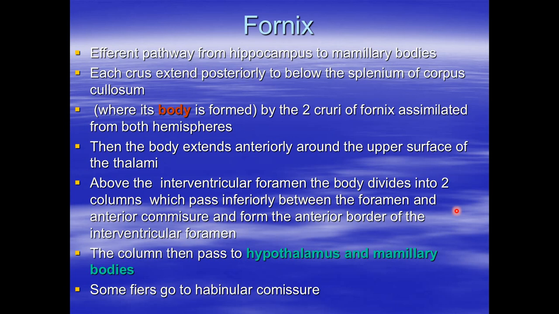Each column passes to the hypothalamus and to the mammillary bodies. Some fibers also go to the habenular commissure.